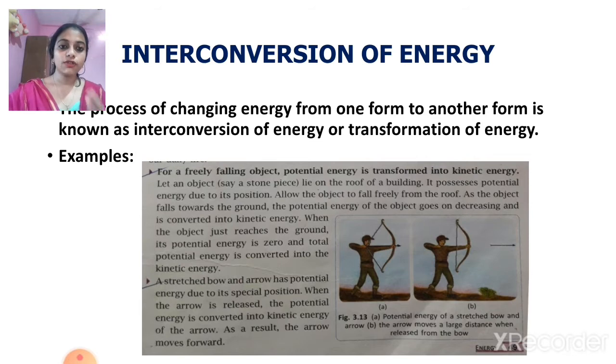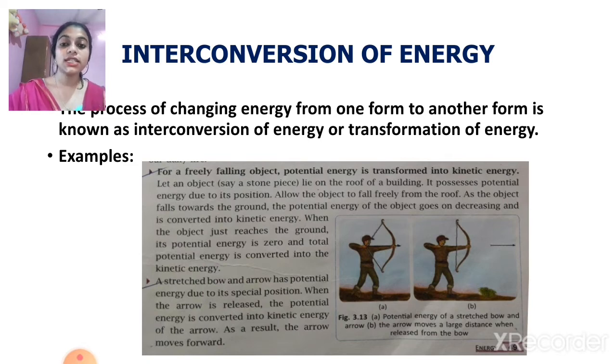First one is that for a freely falling object, potential energy is transformed into kinetic energy. We know what potential energy and kinetic energy are. Potential energy is the energy of an object which is at rest, and kinetic energy is the energy possessed by an object in motion. When we take a stone and keep it on the top of the roof, it will possess potential energy in that position, isn't it?